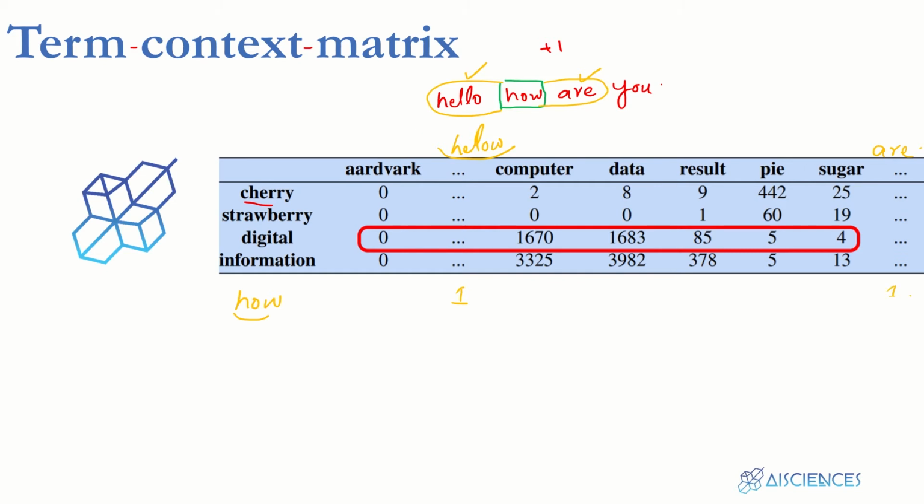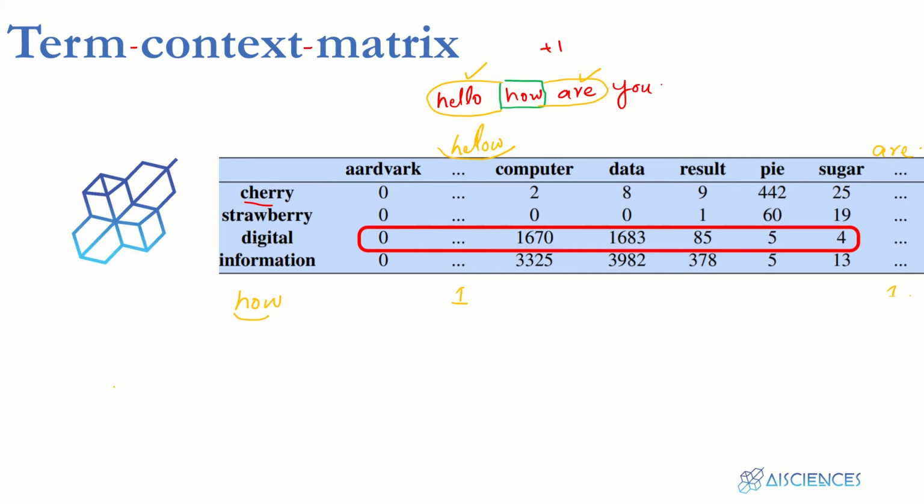If I have a very large corpus, think ideally all the text in a particular language, I can go through the whole text and come up with this term context matrix, where again the row vectors represent the vectorized forms of different words.